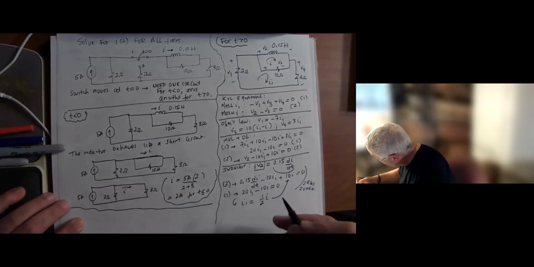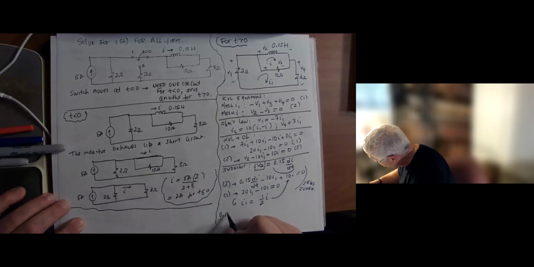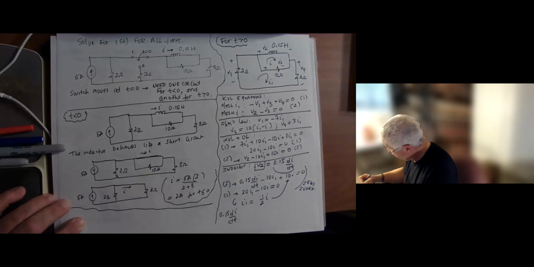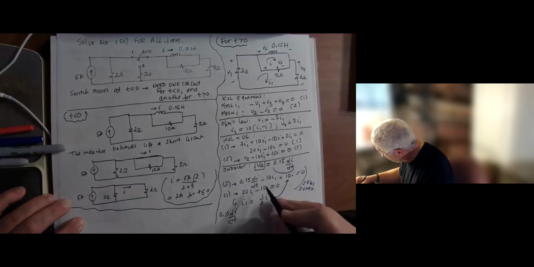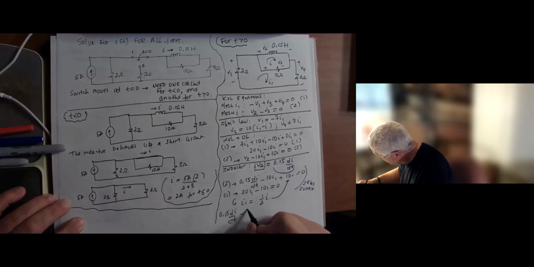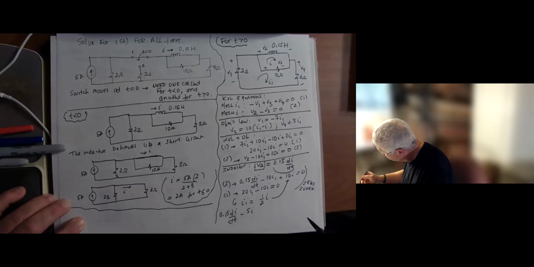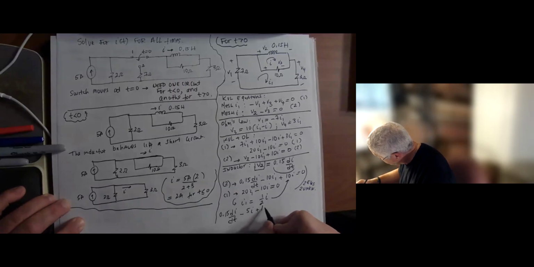So when I do that in equation 2, what do I have? I have 0.5 di/dt, minus 10 I1, so minus 5I, plus 10I equals 0.